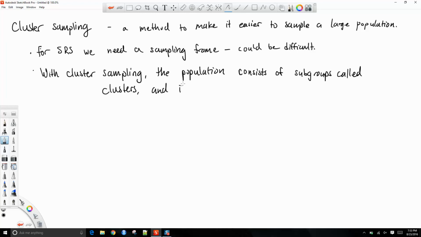And it is possible and easier to get a list of all the clusters.